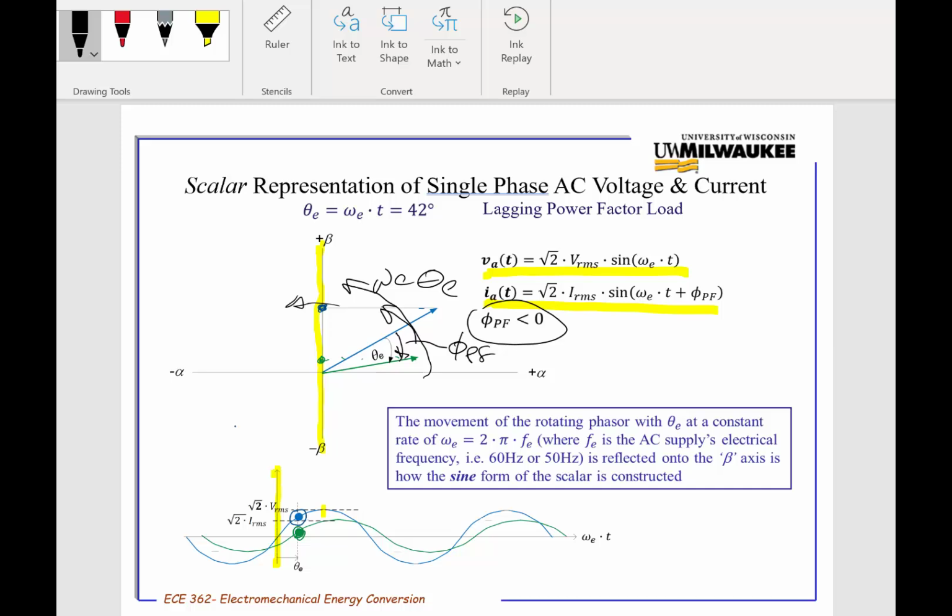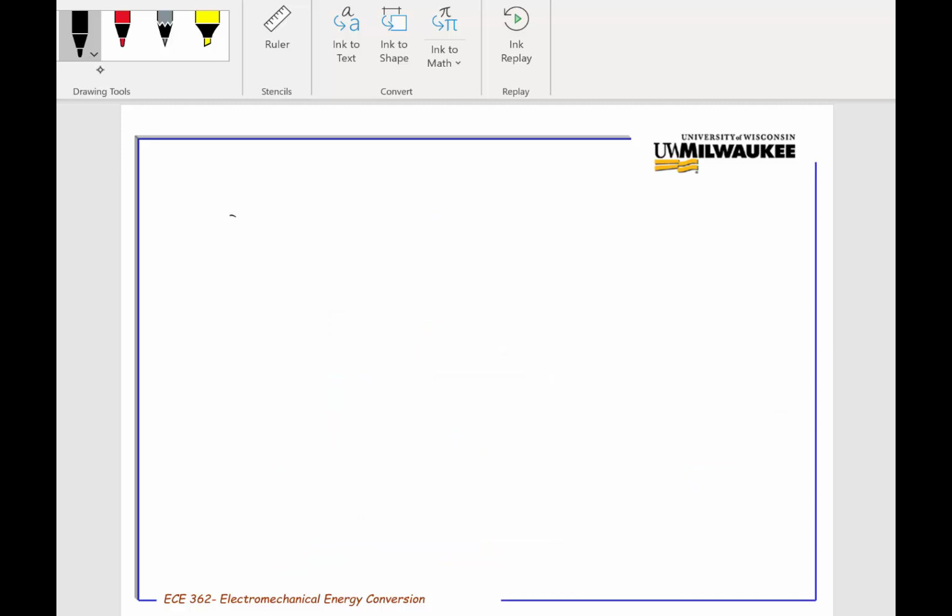So anyways, if you want to say, well, mathematically, what are we talking about here? We have this scalar representation, v peak cosine, and I'm just going to use theta e to start with, and I've shown you writing it in terms of the quantities that we're typically going to be working with.